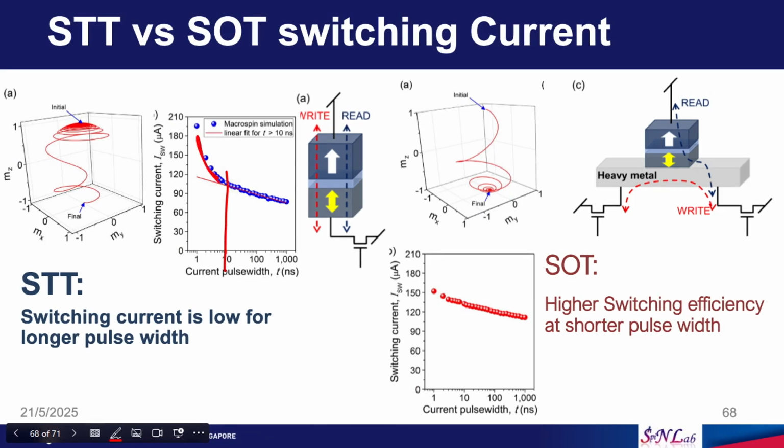So, you need more energy to switch, but if you operate around 10 nanoseconds, you do not need to spend much energy. So, this is the feature of STT MRAM. On the other hand, SOT MRAM, you can operate at 1 nanosecond without much additional energy.